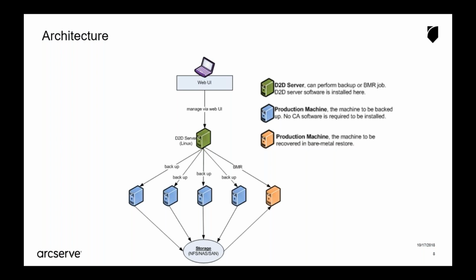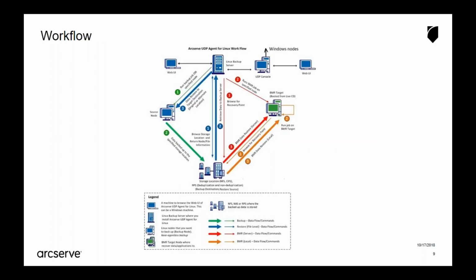Coming to the workflow. If we concentrate on the backup workflow, in this figure, let's look at all the green arrow marks. If we're looking at the backup from the Linux backup server, we would run a backup on the specific node, which would be the source node.